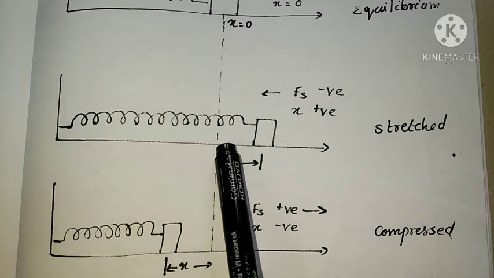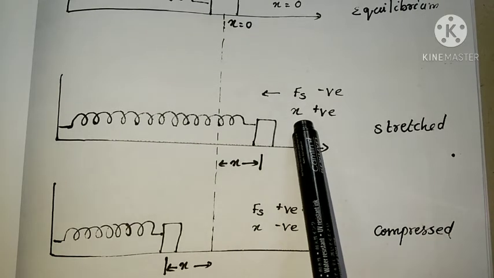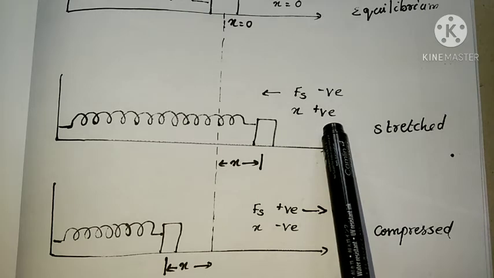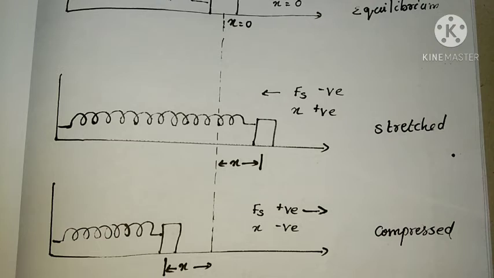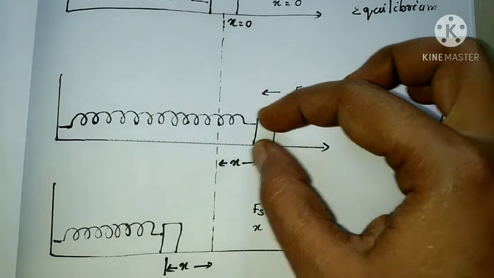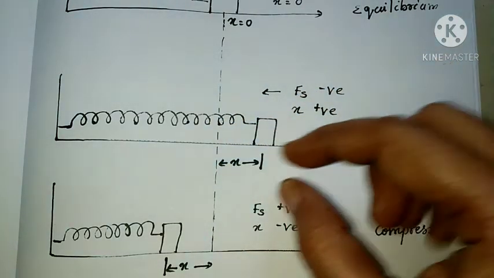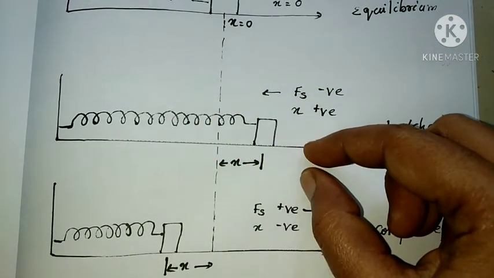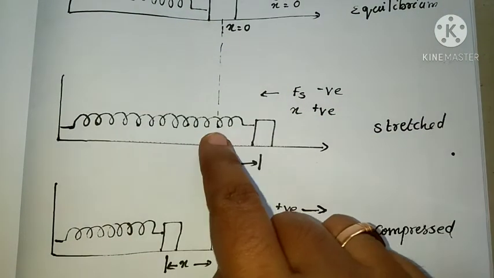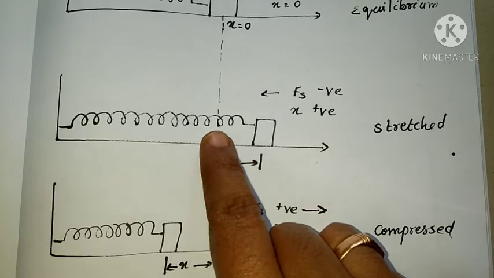So the spring moves in the forward direction, so we note that x is positive. You are holding the block of mass m and pulling, and the spring stretches and moves in the forward direction.